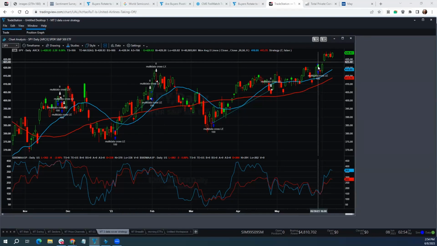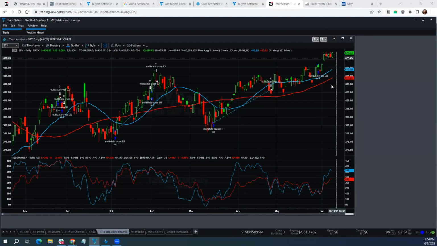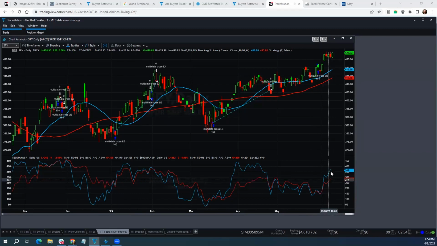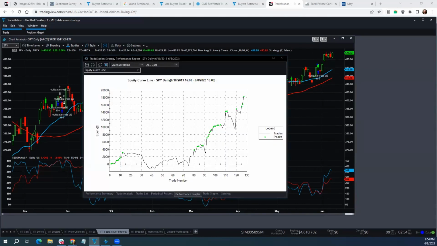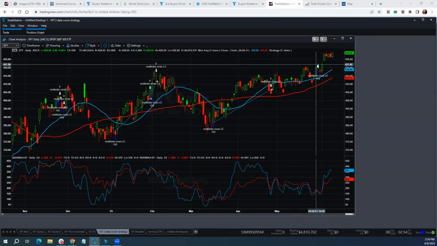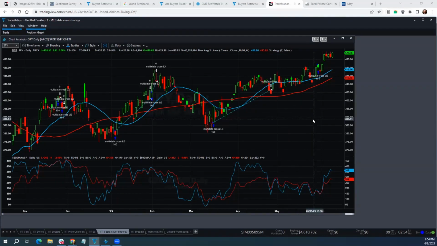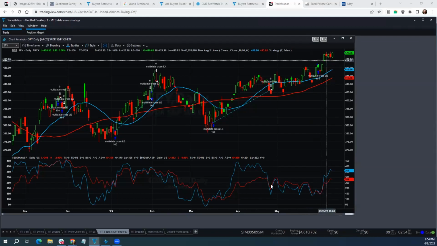Once again, we had the crossover here, and this is now in a bullish status. If we look at the historical strategy performance report, this strategy has been a moneymaker. Right now it has a long position. It had a bullish entry signal based on this, and it has been working recently. So this is another thing to look at. You can see this when the blue is over the red.